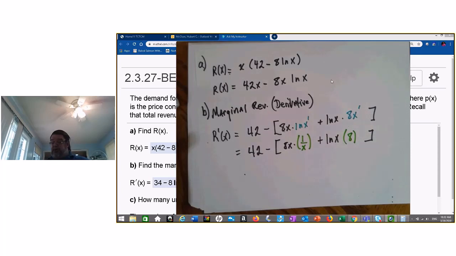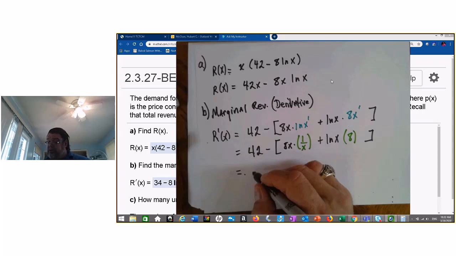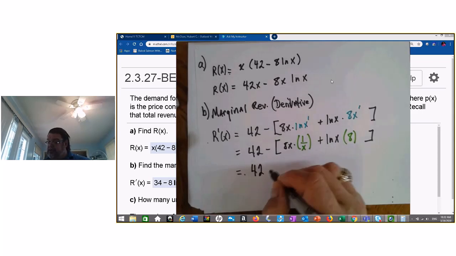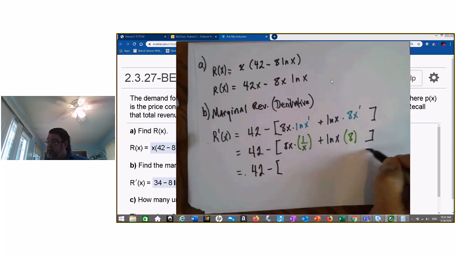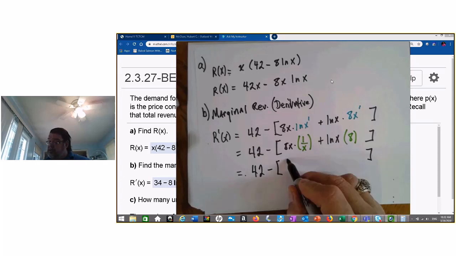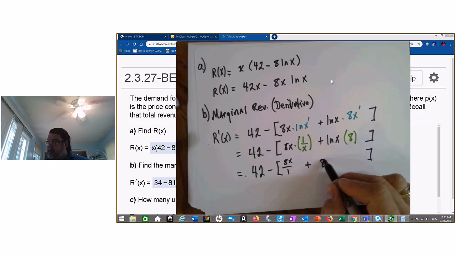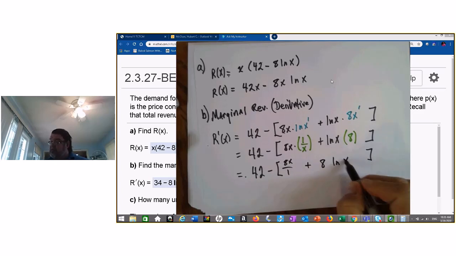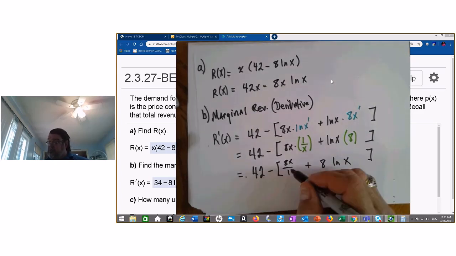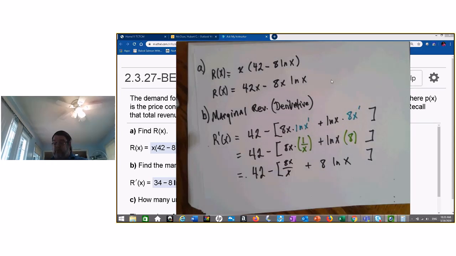So I'm going to simplify it a little bit more because, of course, we're done with the calculus. 42 minus 8x over x plus 8 natural log of x. And the x's are going to cancel.